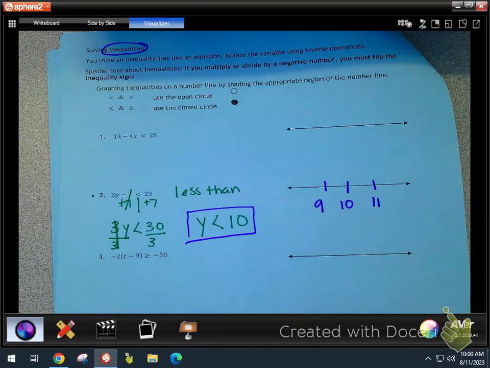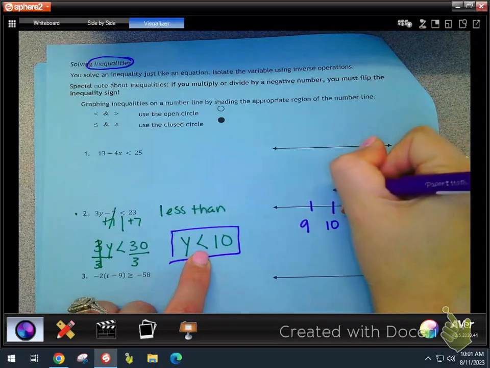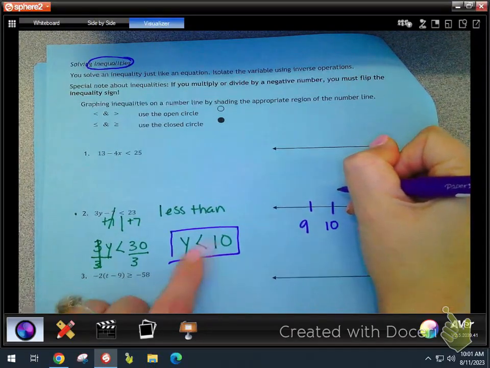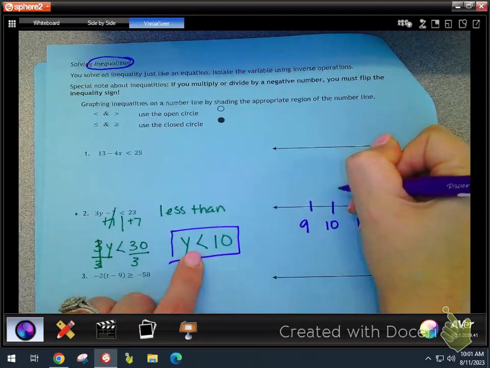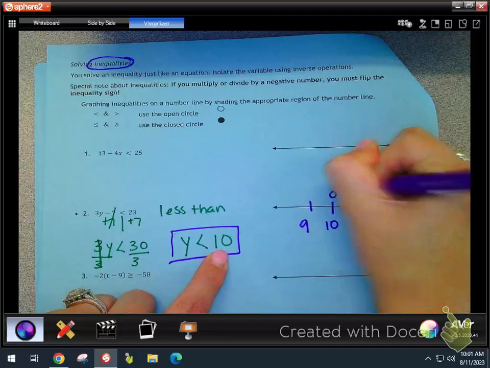But then I have to represent whether 10 actually counts as a solution or not. And that's what I was asking over here. I said, does 10 less than 10 work? And y'all said no, because 10 is not less than 10. So if you just have a less than, it's not a solution, because this doesn't have an equal to, right? So if it doesn't have an equal to, above this number you're going to put an open circle.